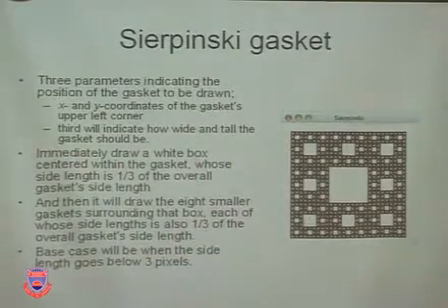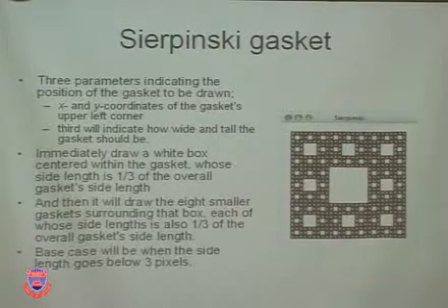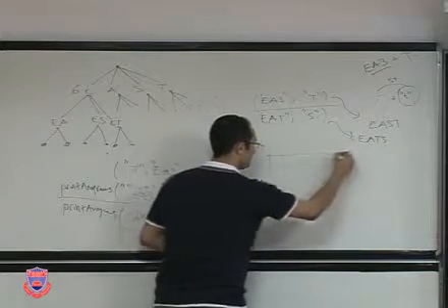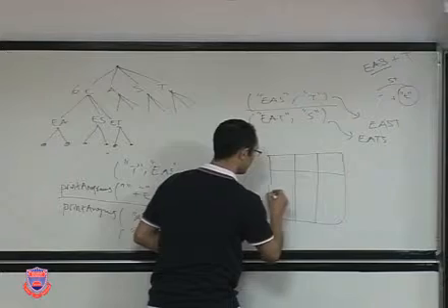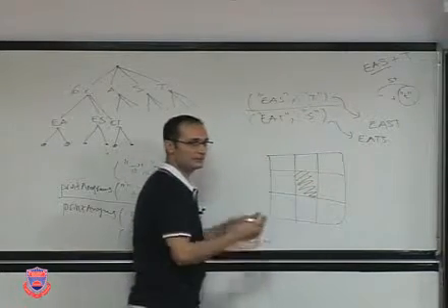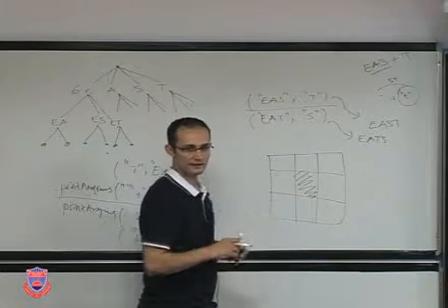So you basically divide the square into 9 grids, and then you have this as the center, and the remaining parts, the 8 squares, are used as the smaller gaskets.